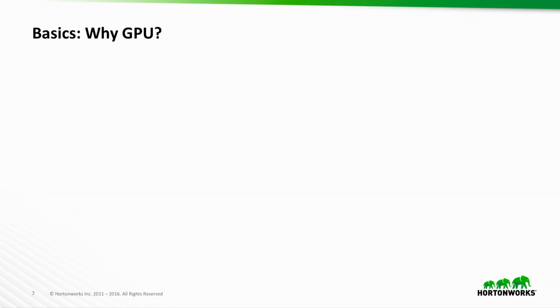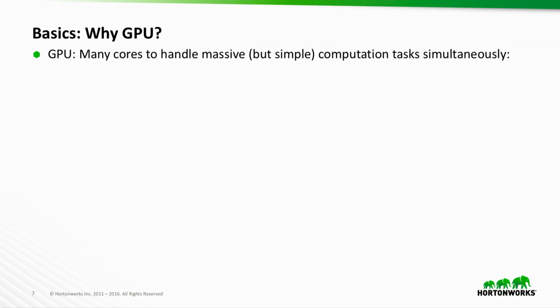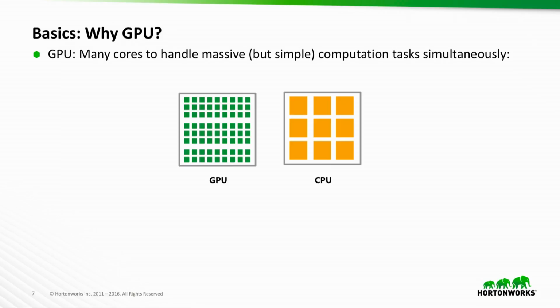The next thing is why we need GPU to do the training. It is because a GPU has many tiny cores to handle massive but much simpler computation tasks simultaneously. Let's look at the example. The CPU has fewer cores, but each core is very powerful.